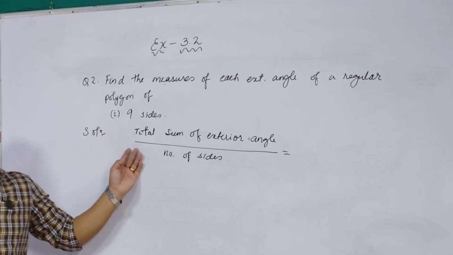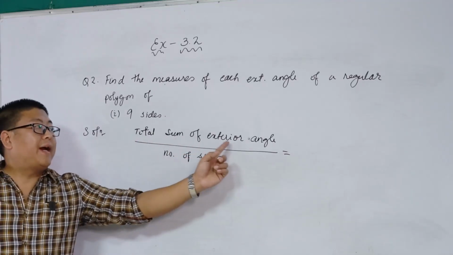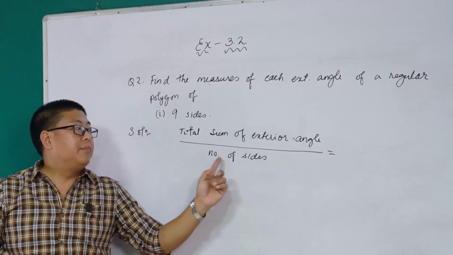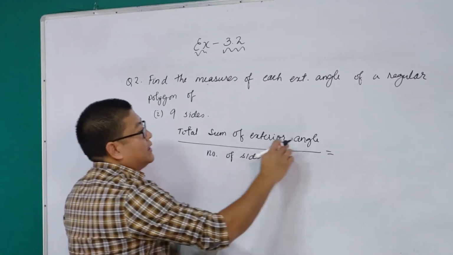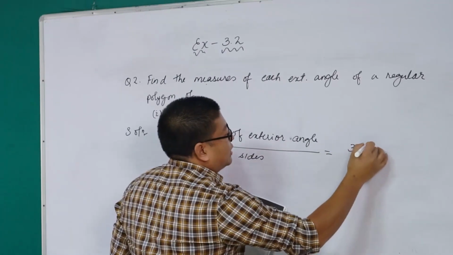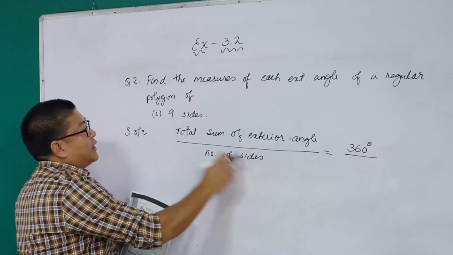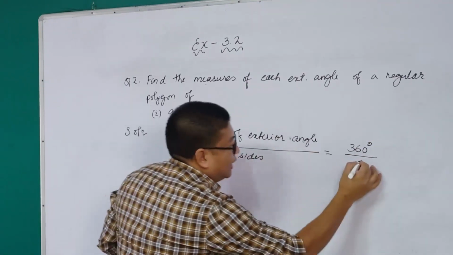This is the formula that we're going to use. Total sum of exterior angles by number of sides. Meaning this total sum is nothing but 360 degrees. And the number of sides is given in the question, it is 9.